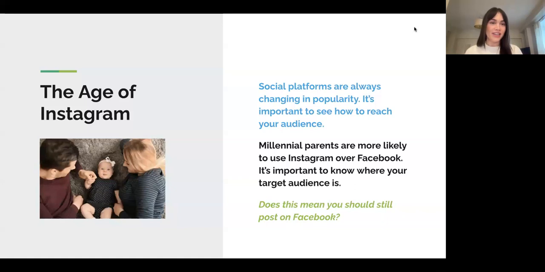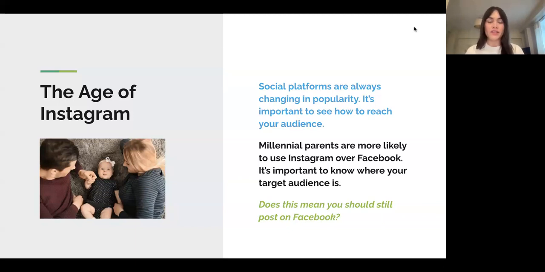Yes, we'll have a couple of Gen Z parents. Those are the really young parents right now. But really, millennials are active on Instagram, more so even than Facebook. So it's important to be able to use the platform properly and to be able to reach them and communicate with them. This is not going to be the case forever, but this is the case for right now.